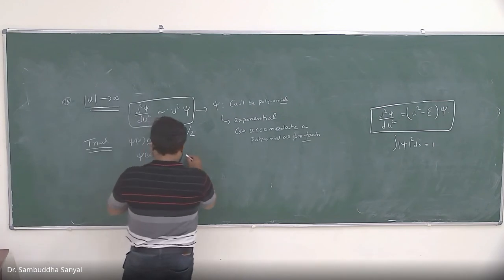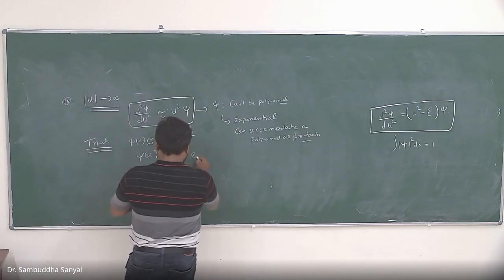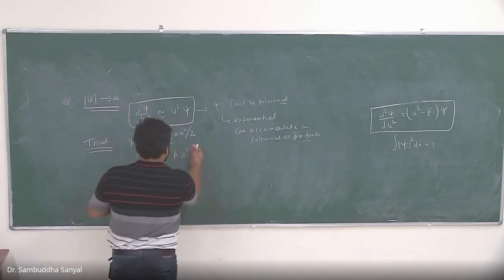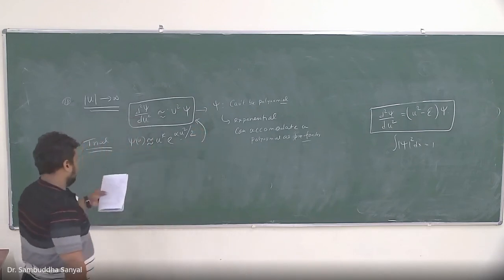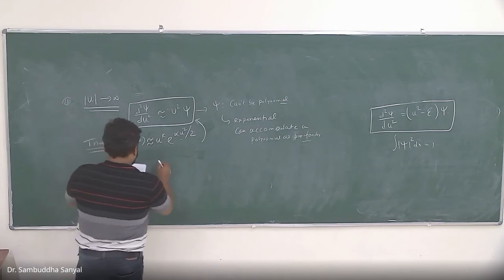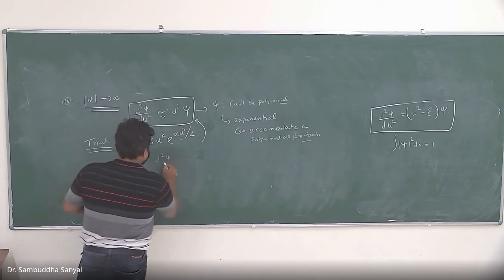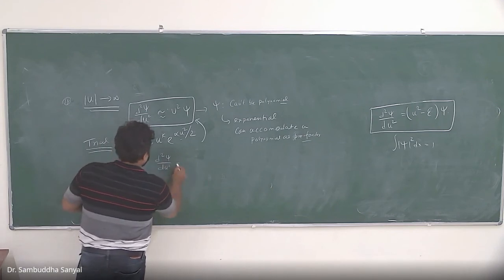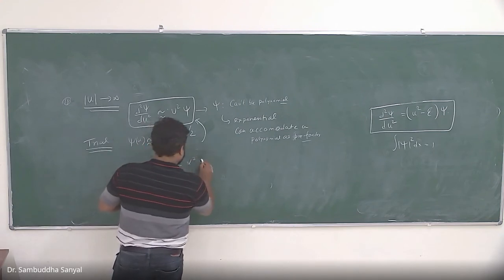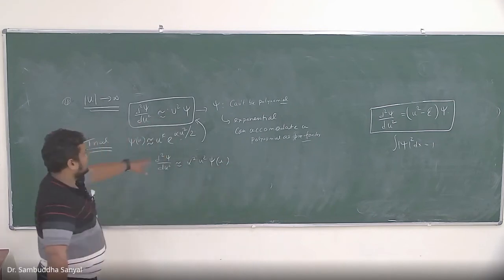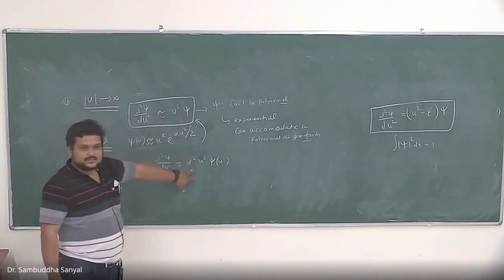So it must be of the form e to the power. Now notice what more can I say? If I plug this into this, then I get d2 psi du2 equals alpha square u square psi of u. Check this: if you take two derivatives, alpha square will come here.